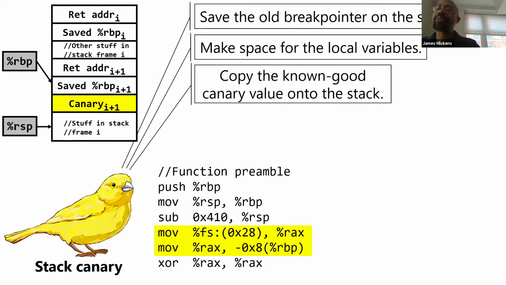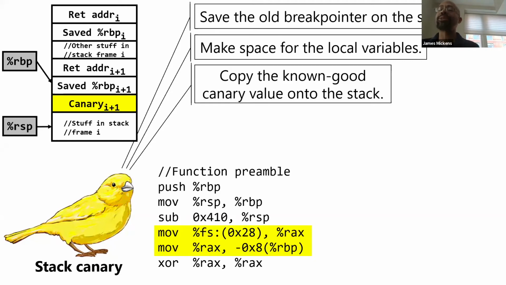Every time the process loads, each thread gets a random value for FS. So what that means is that even if the attacker has a memory read vulnerability and could read, let's just say, all of memory, we're giving the attacker a very powerful skill set here, the attacker wouldn't know exactly where to look.